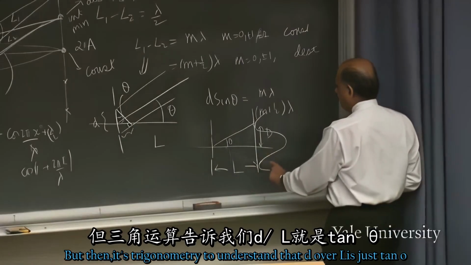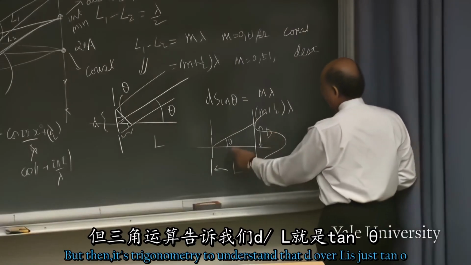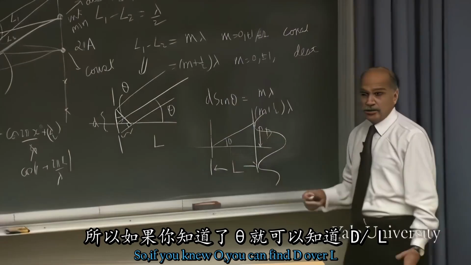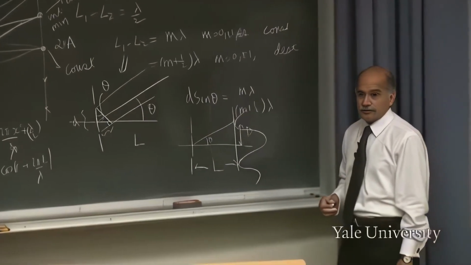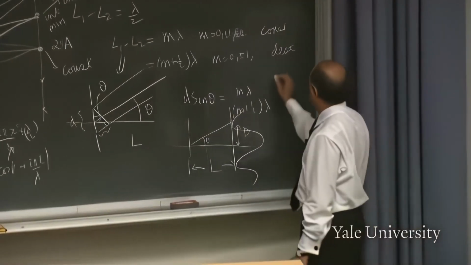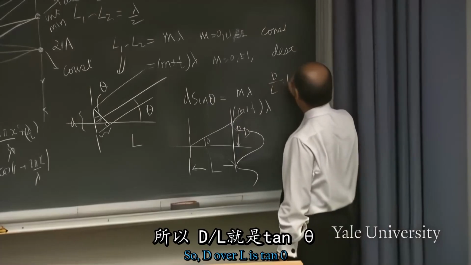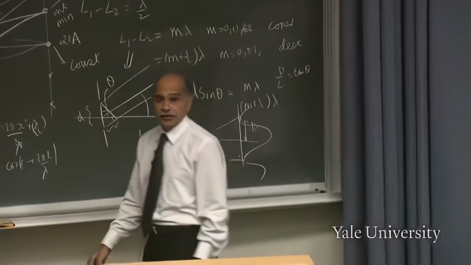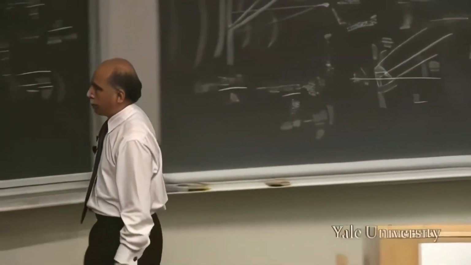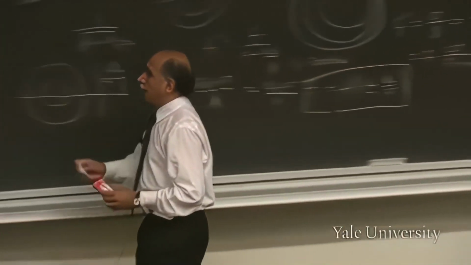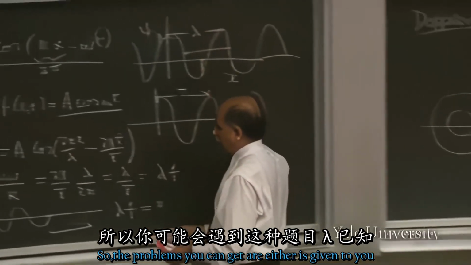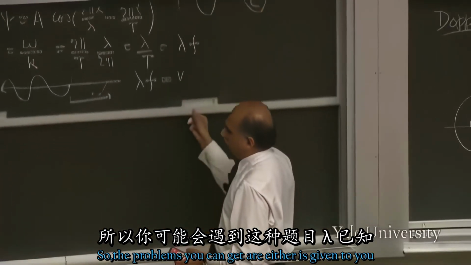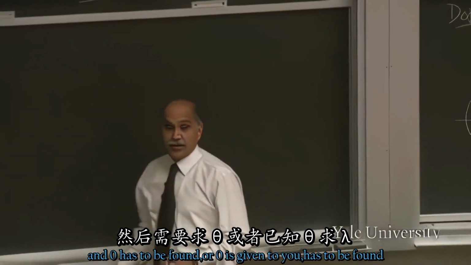But then it's trigonometry to understand that d over L is just tan theta. So if you knew theta, you can find d over L. So d over L is tan theta. So the problems you can get are either lambda is given to you and theta has to be found, or theta is given to you, lambda has to be found.